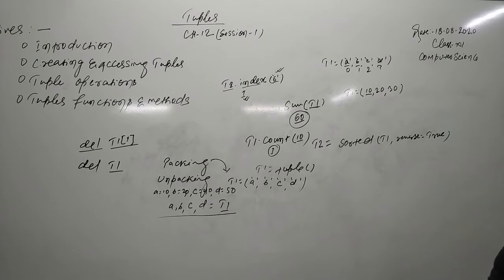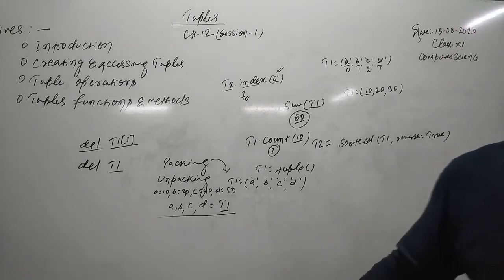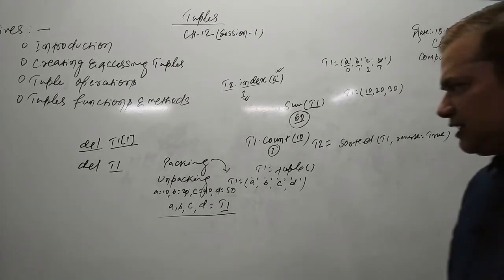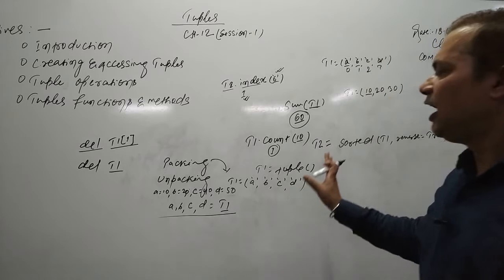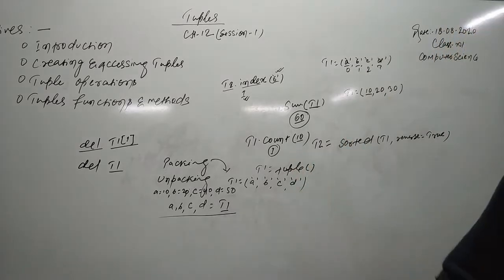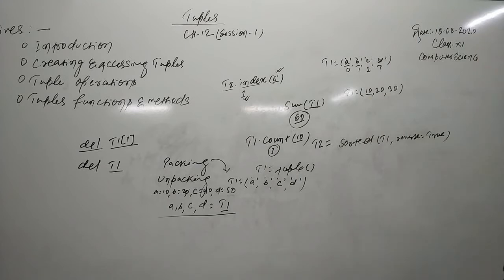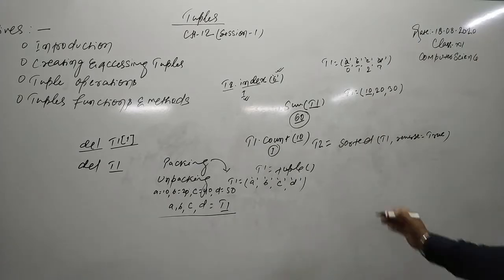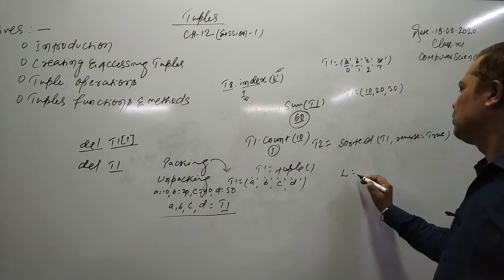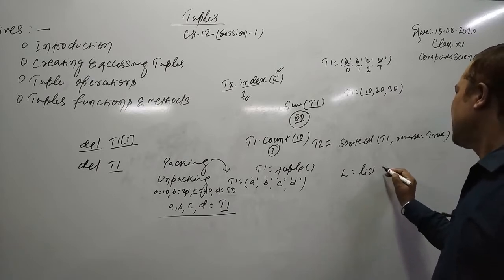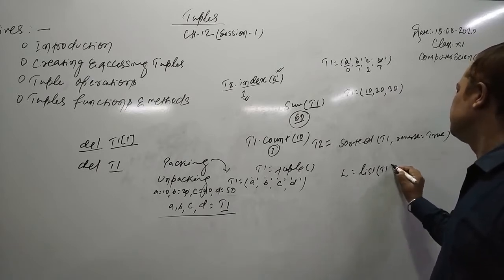Using the constructor functions of list and tuple, you can create a tuple with the help of the tuple method, and you can create a list with the help of the list method. Now let's see how. If you want to create a list, I may say L equal to list, and inside the bracket you can pass T1.